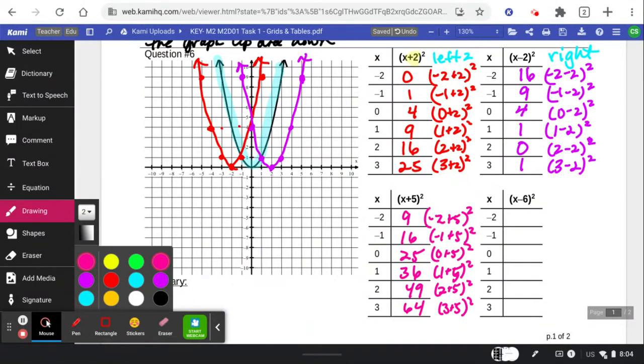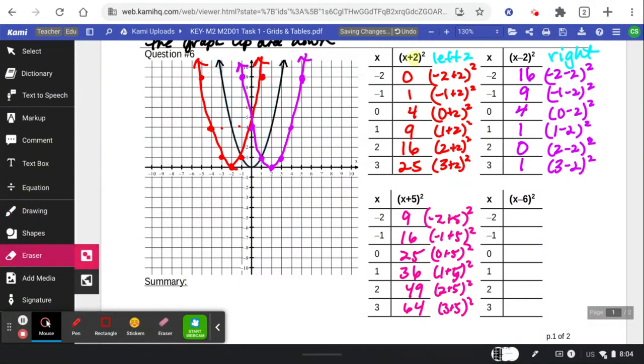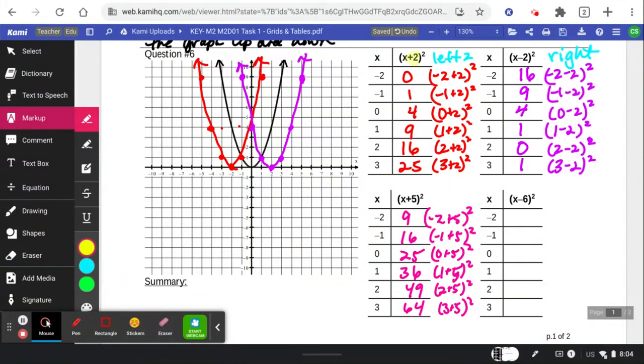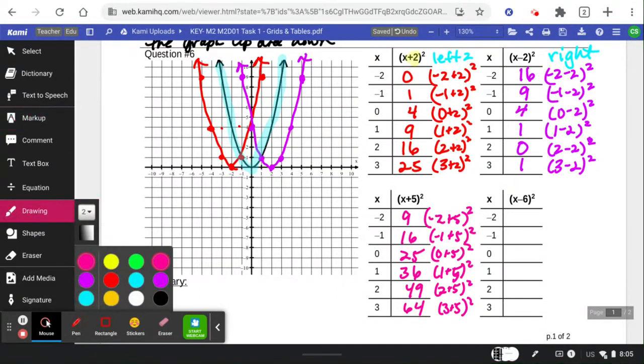Let's go put whatever dots fit on here. Negative 2, 9 would be right here. Negative 1, 16 is going to be way up there. So honestly, to show you guys this one, I sort of need to do some more dots in a different direction, don't I? So negative 2, 9 is right there. But we need to go like negative 3 plus 5, which is going to be 2 squared, which is 4.